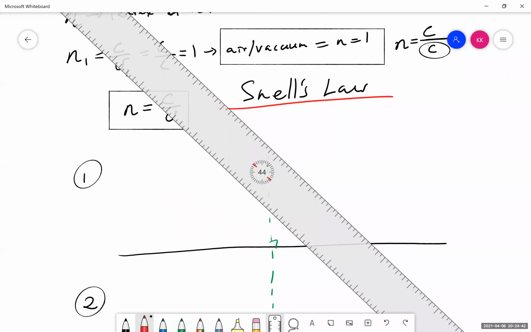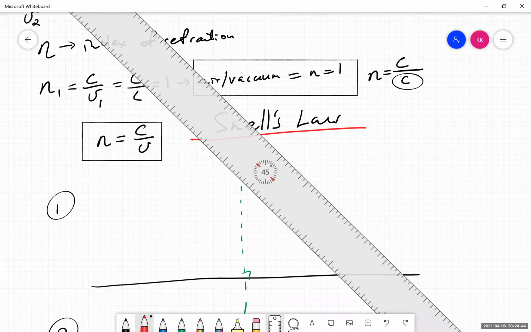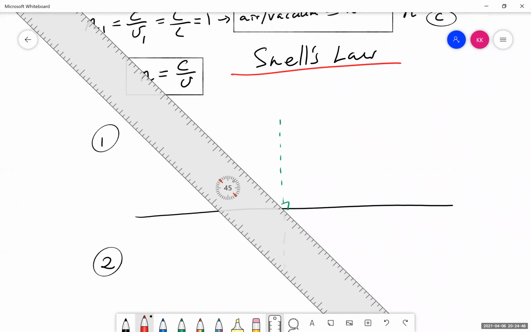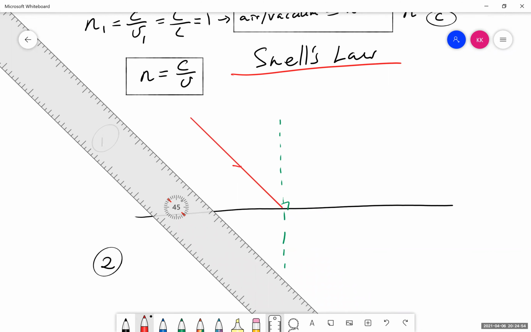Let me try to draw a normal here, I mean the straight line. There you go. We can use this tool here. So this will be my incident light, and I can say that this is my theta 1.